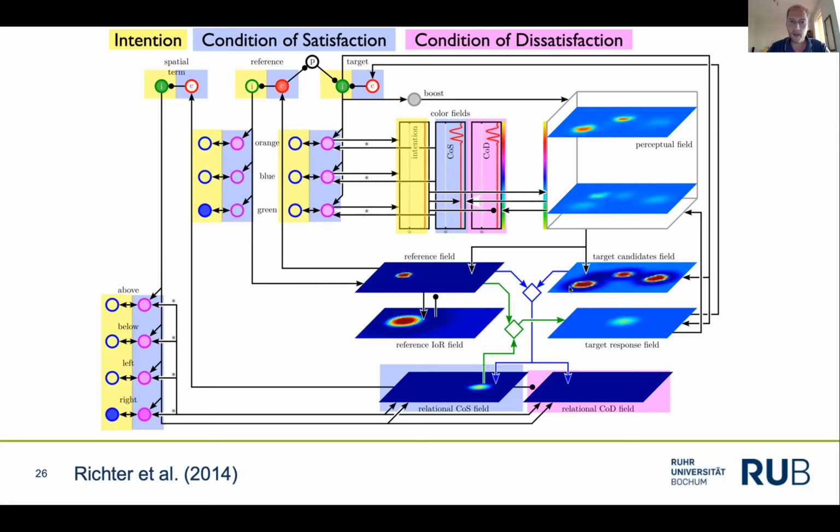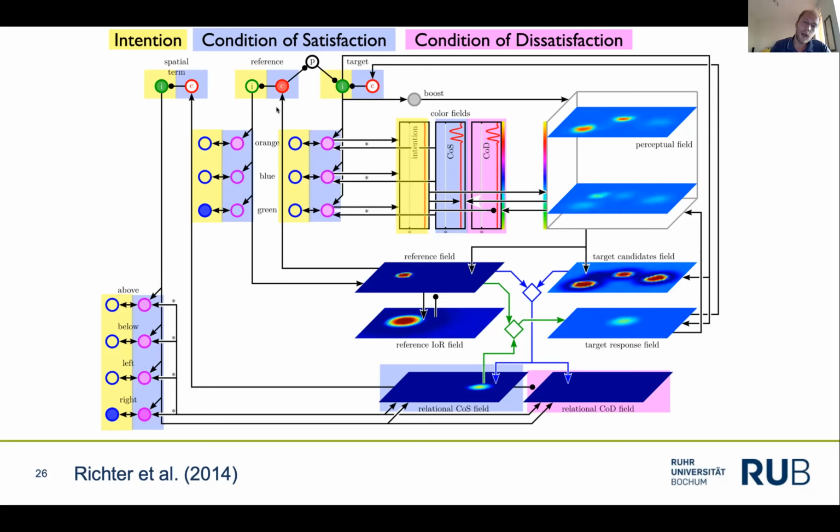Effectively, if objects of the desired color could be found, then peaks on the locations of those objects emerge in the target candidates field. These peaks cause the condition of satisfaction node to become activated. This signals that the target process has successfully finished, and it's also inhibited to stop it from exerting an influence on the architecture.